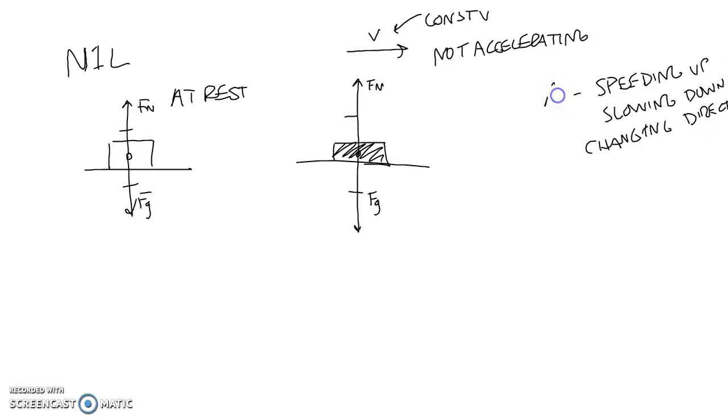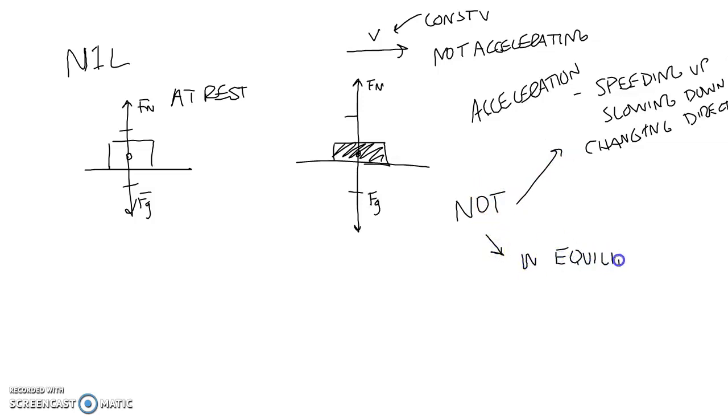But that's how you know that it's accelerating. So if it's not speeding up, slowing down, or changing direction, then it must be in what we call equilibrium, which means that the forces are balanced.